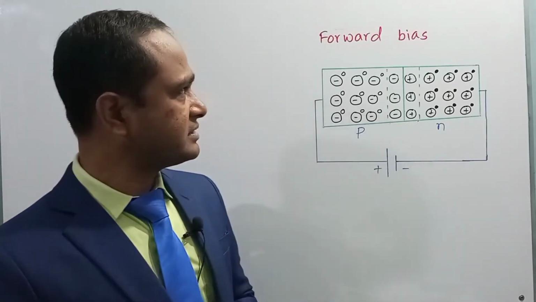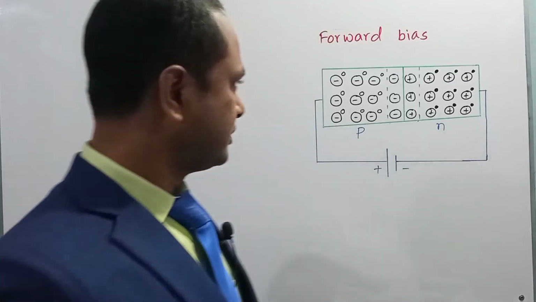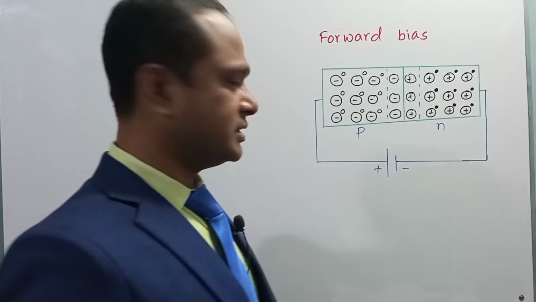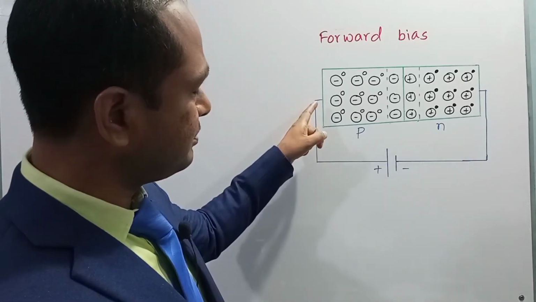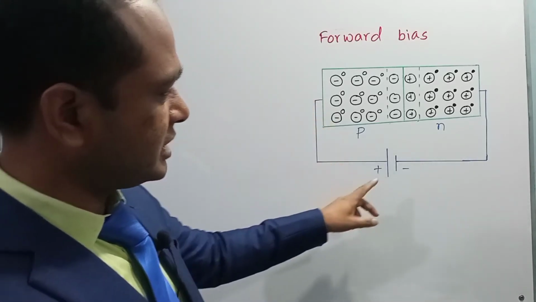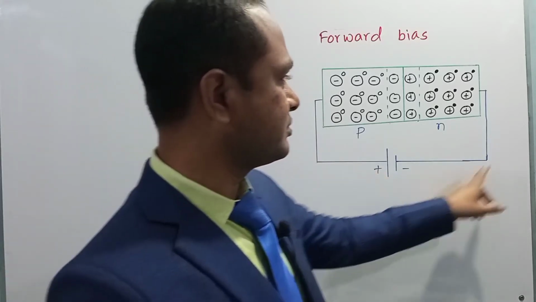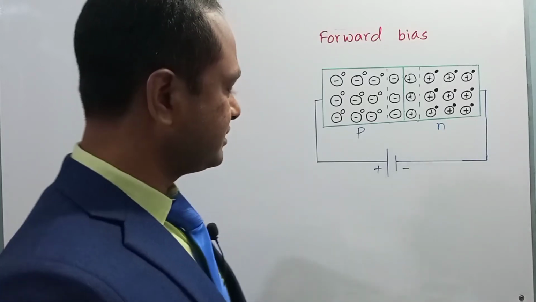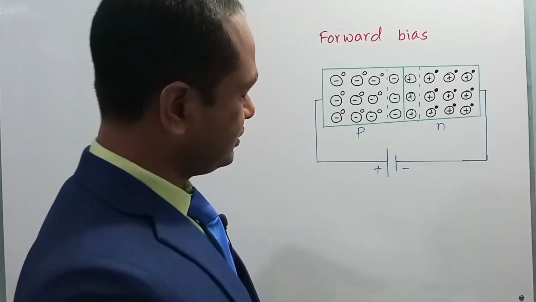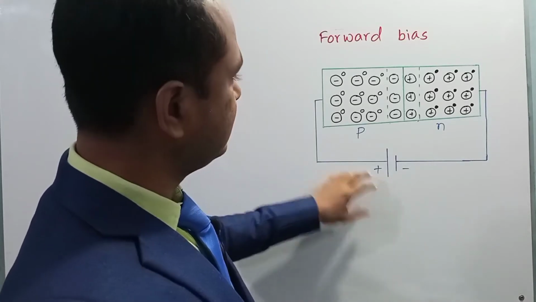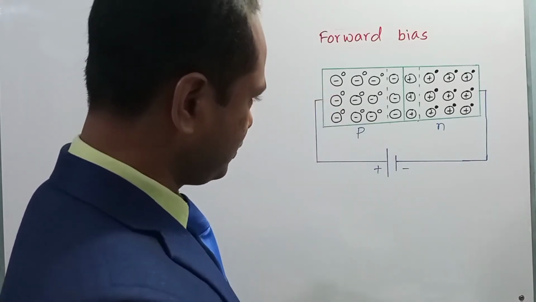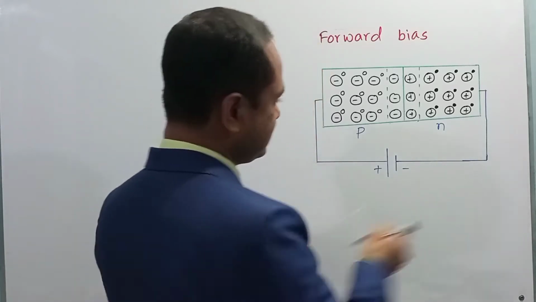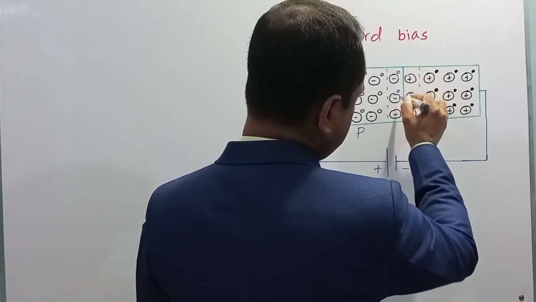Dear student, now we will see what forward bias is. If the positive end of a cell is connected with the p-type semiconductor of a p-n junction and the negative end of the cell is connected with the n-type end of the p-n junction, then due to the positivity of the cell, the holes in the p-type semiconductor will be repelled and holes will be created in the depletion layer.